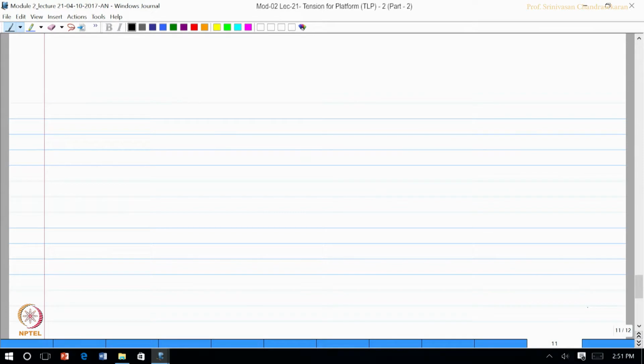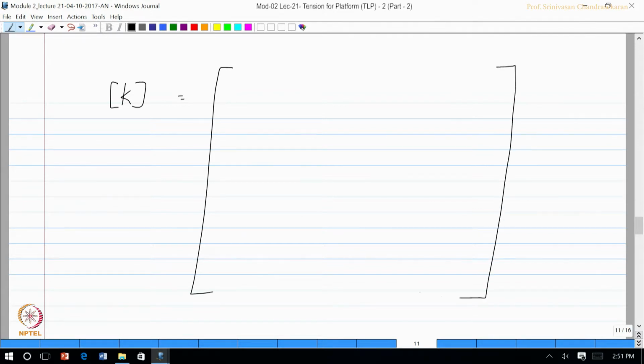So, friends, let us now assemble the stiffness matrix. Let us say the stiffness matrix derived from first principles is like this, which is K11, 0, K31, 0, K51 and 0, 0, K22, K32, K42 and 0, all values of 0 except K33 in heave.